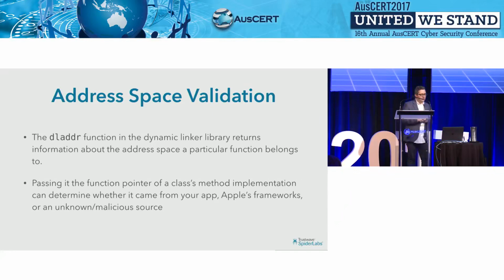There's a dynamic linker library function, dladdr, that returns information about the address space a particular function belongs to. Passing a function pointer of the class's method implementation that you want to validate into that function will return whether it came from your app, one of Apple's frameworks, or some sort of unknown source, which is probably malicious.